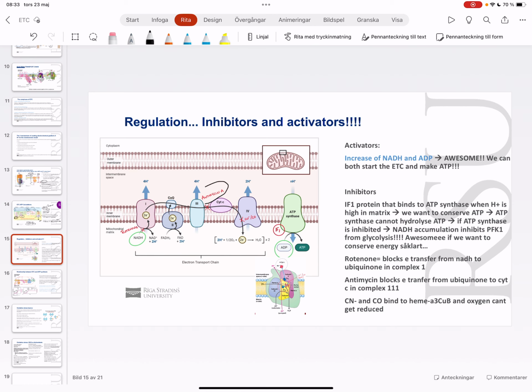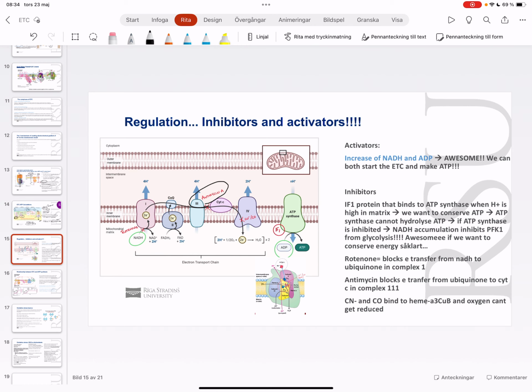Then we have another inhibitor called antimycin, which will block electron transfer from ubiquinone to cytochrome C in complex 3. And then the third inhibitor we have is cyanide or carbon monoxide that will bind to the heme group A3 copper B, and oxygen cannot get reduced, which I think we've all heard of.